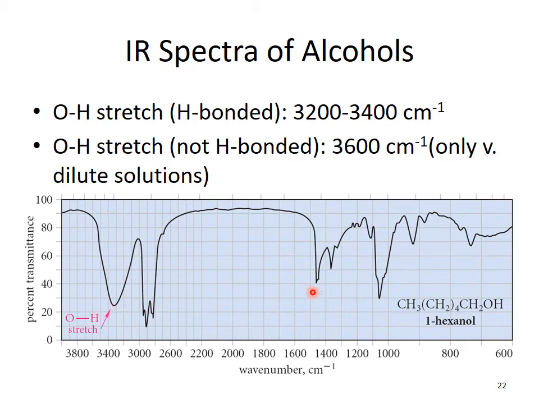Notice there's no absorptions between here, so that's screaming out no carbonyls, no carbon-carbon double bonds, no nitrile, no alkyne. But we do have the carbon hydrogens for carbon sp3 to hydrogen right there.